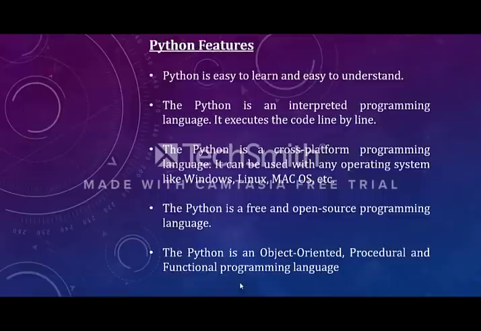Basically, C language, we saw, is a compiled programming language. That means when you write the program, after that it is compiled. Compiled means each and every line is checked for errors.